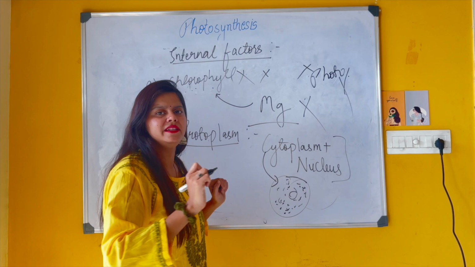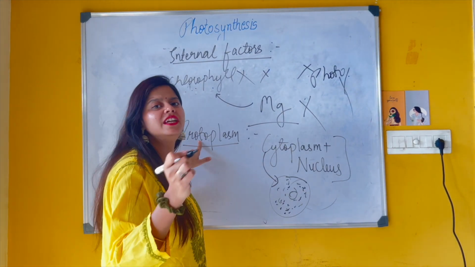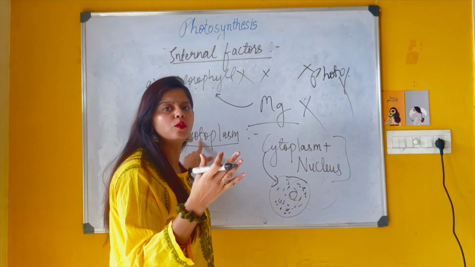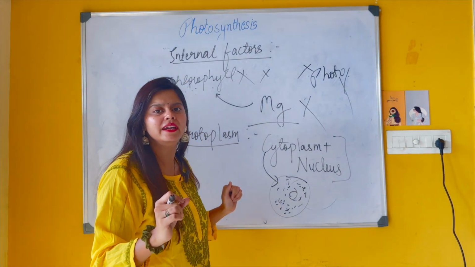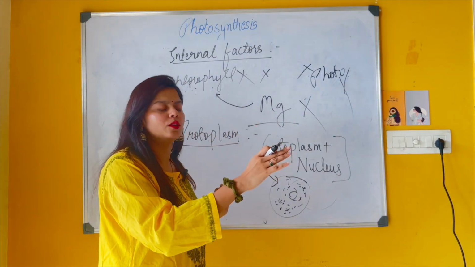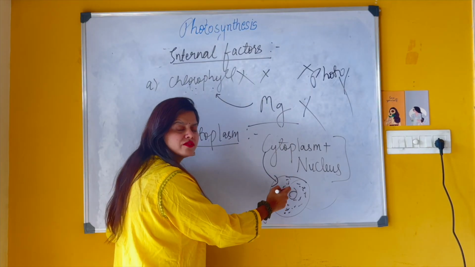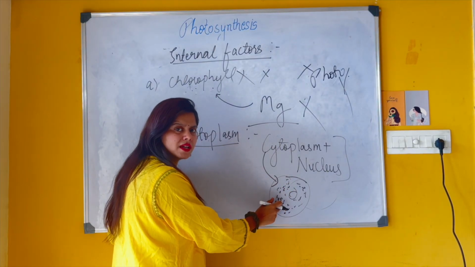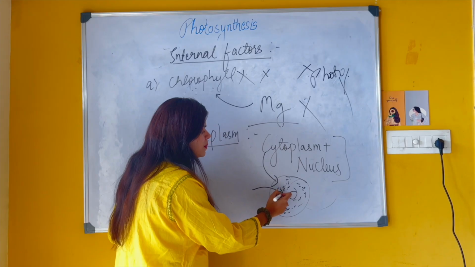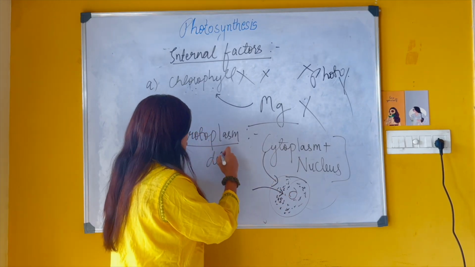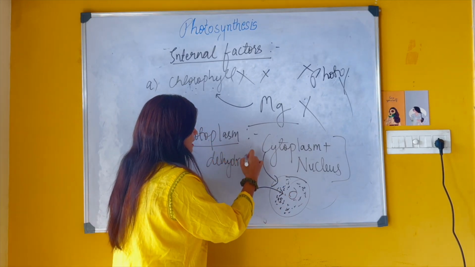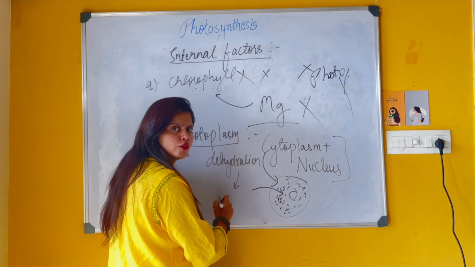So for some reason, if protoplasm is dehydrated because of lack of water, किसका structure affect होगा? Chloroplast का, because where is chloroplast present? In the cytoplasm. If the structure of chloroplast is affected because of dehydration, it will affect rate of photosynthesis.